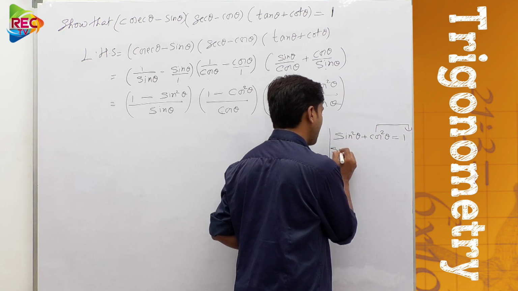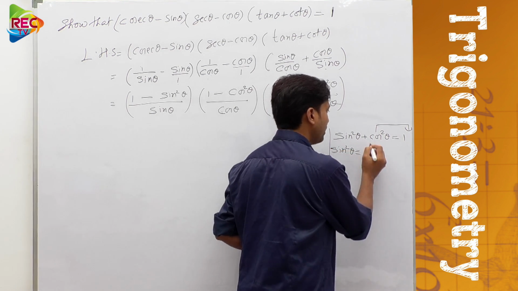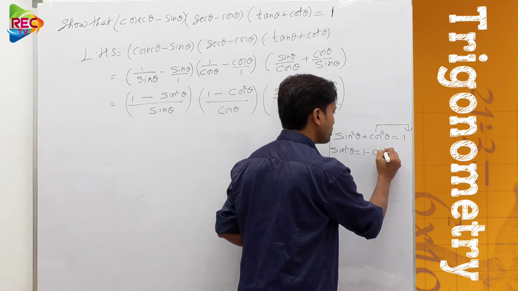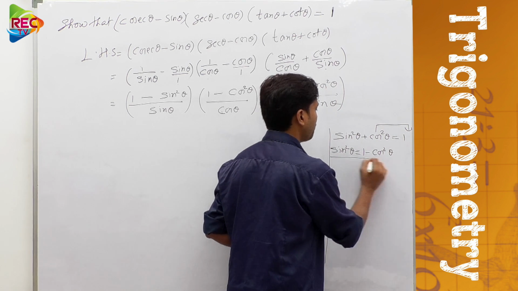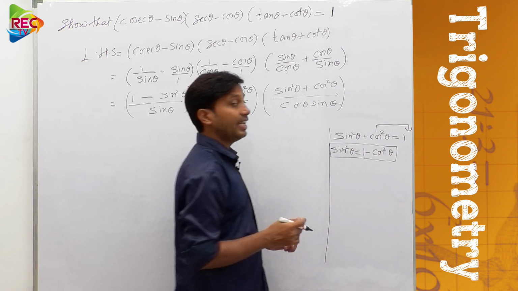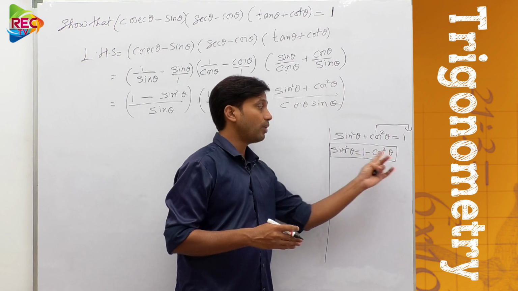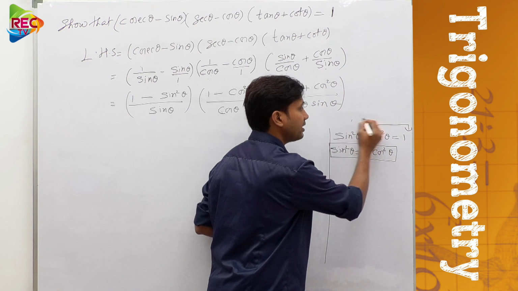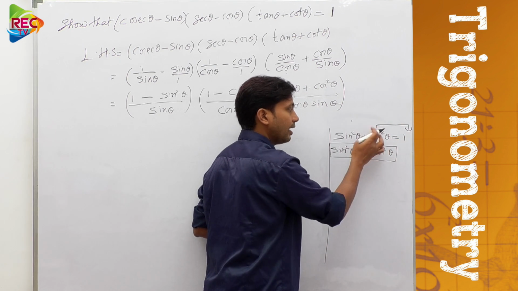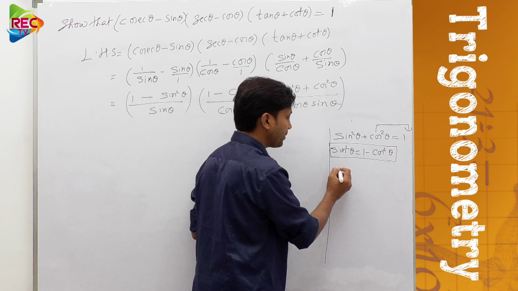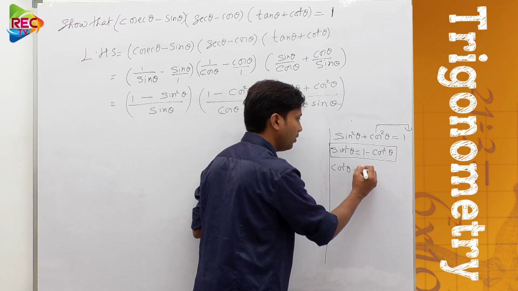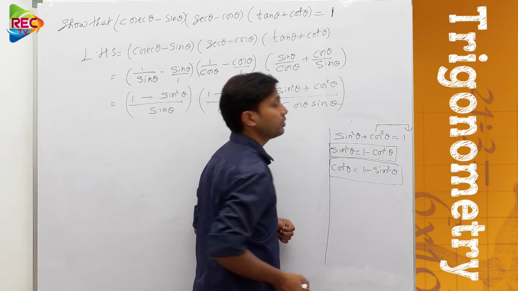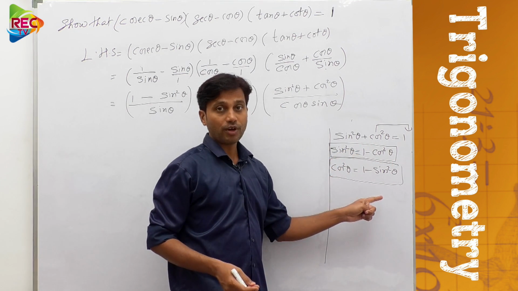So sin square theta equals 1 minus cos square theta. Similarly, if you take sin square theta to the other side and leave cos square theta, then cos square theta equals 1 minus sin square theta. These are the two different forms we wrote here.